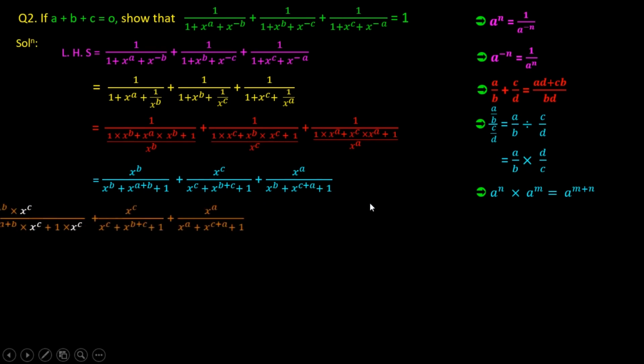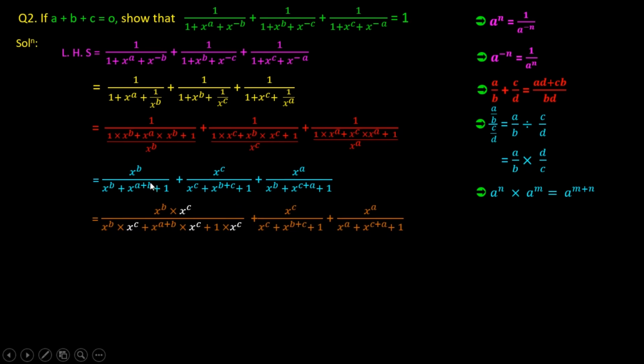Okay, now what you have to do is, all the denominators are in different form. There is nothing equal here. See, no denominators are equal, so we have to make the denominators of this term and this term equal. To make these equal, first multiply with a variable in only one term. So I am multiplying here in this first term.